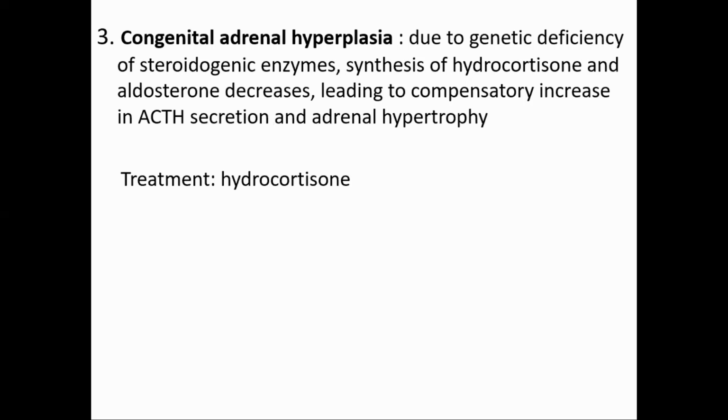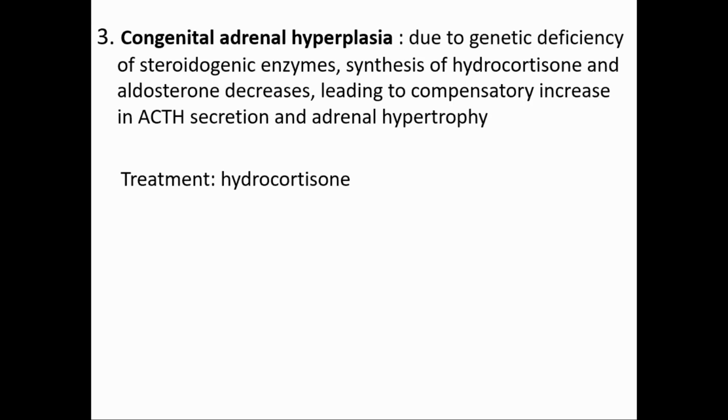Corticosteroid is also used as replacement therapy in congenital adrenal hyperplasia. Congenital adrenal hyperplasia usually occurs when there is hypertrophy or hyperplasia of the adrenal gland. Why does this occur?